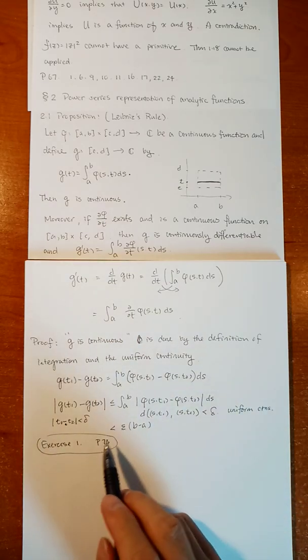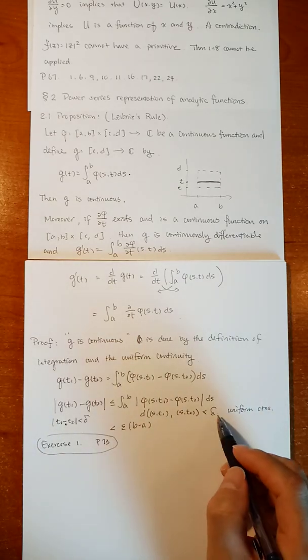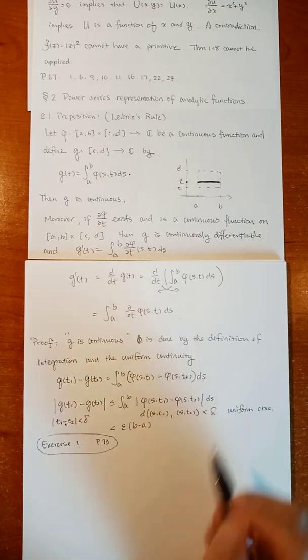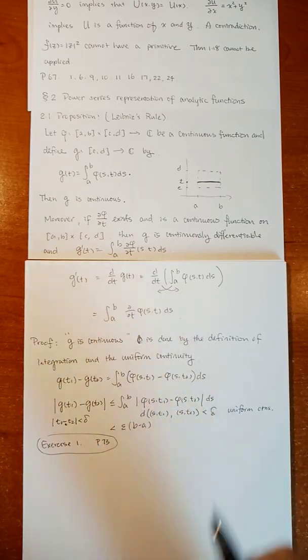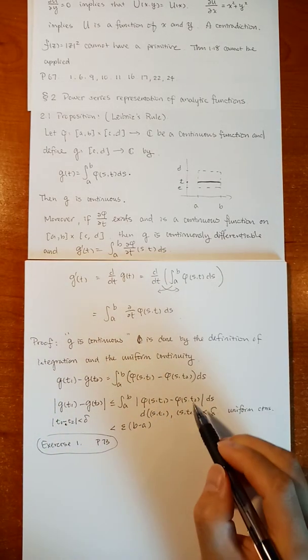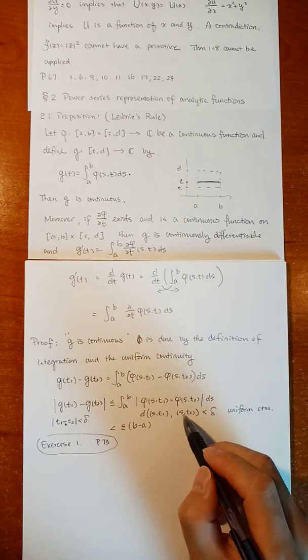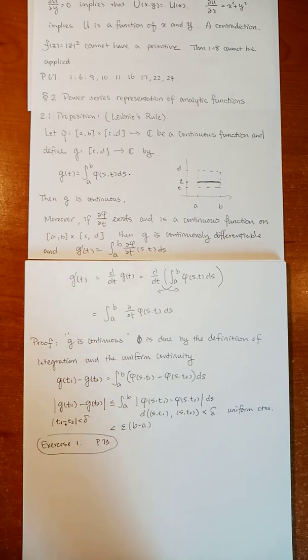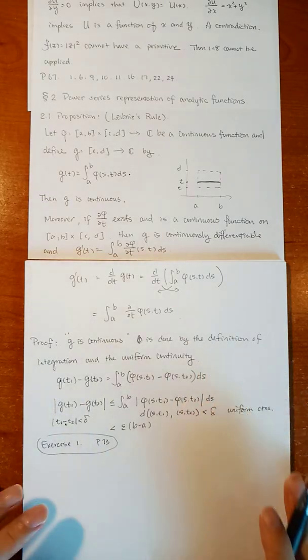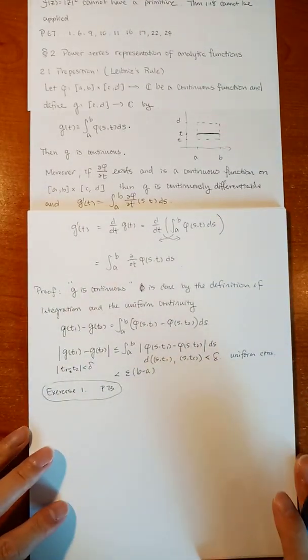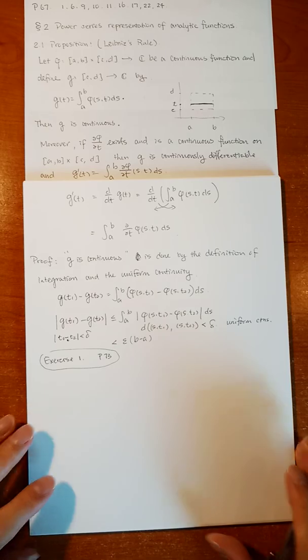When you have uniform continuity, for epsilon you have a delta such that whenever the distance is less than delta, the absolute value is less than epsilon. Since s are the same, the distance is equivalent to the distance of t1 and t2 less than delta. So you can show that G is continuous by uniform continuity. You must use uniform continuity.